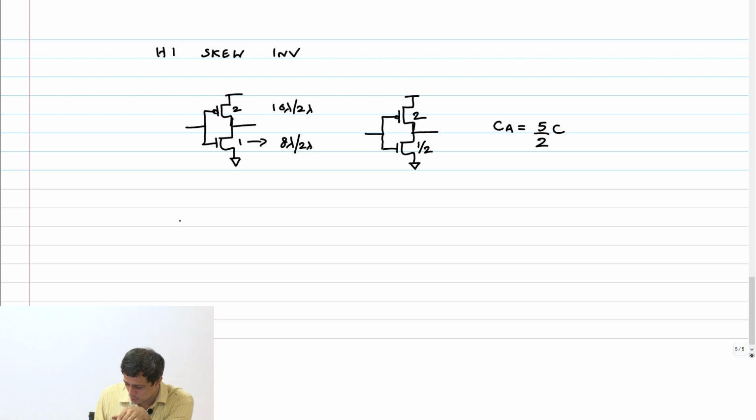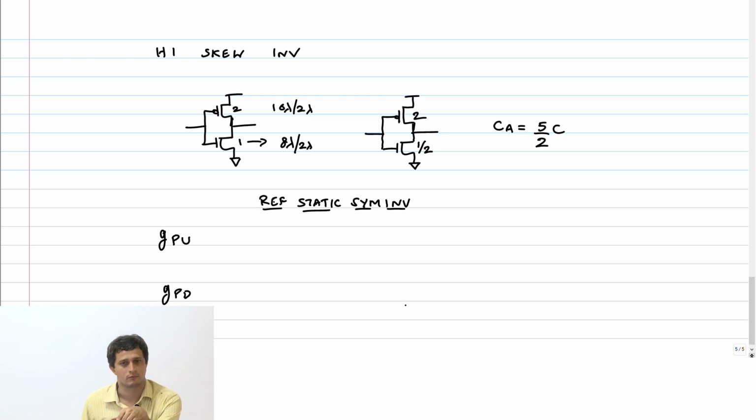Okay. Now I am going to calculate logical effort of pull up, logical effort of pull down. This is my reference static symmetric inverter. I'm going to construct these two things.